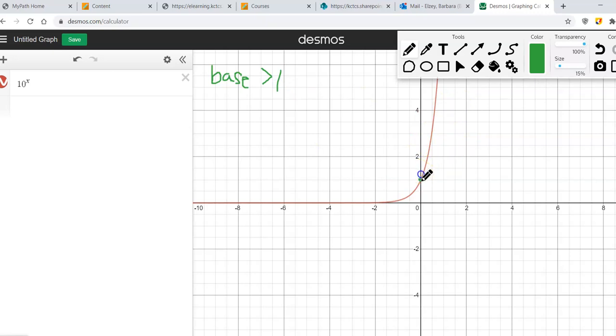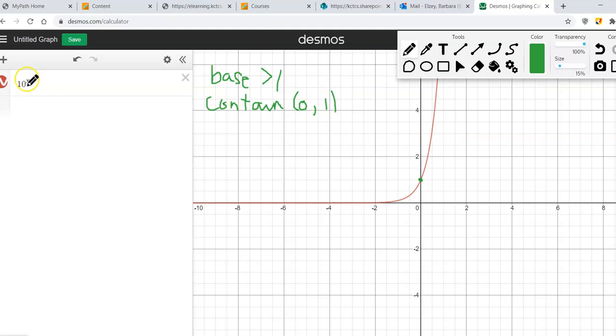I want you to notice this point. No matter which base I used, that point remained the same. So they all contain the point 0, 1. All of them do. And we'll find that's true when the base is less than 1 too.